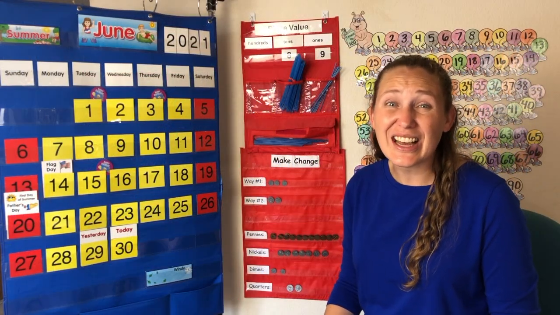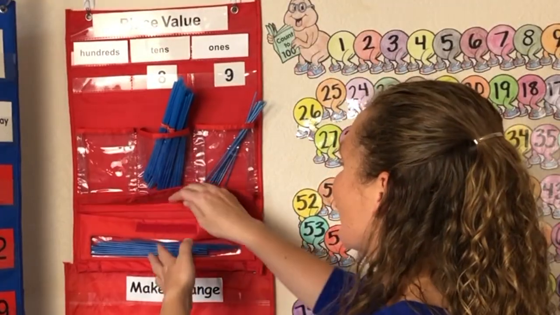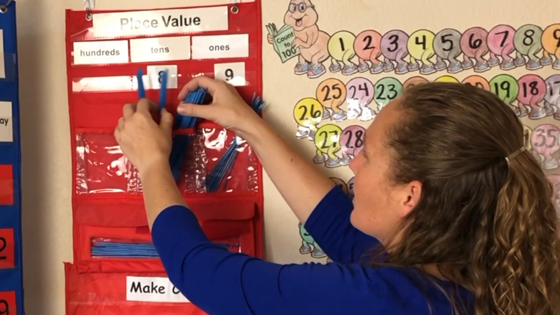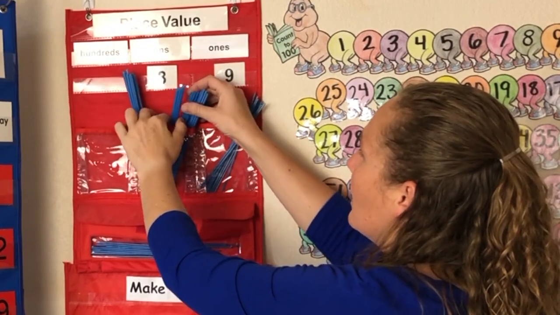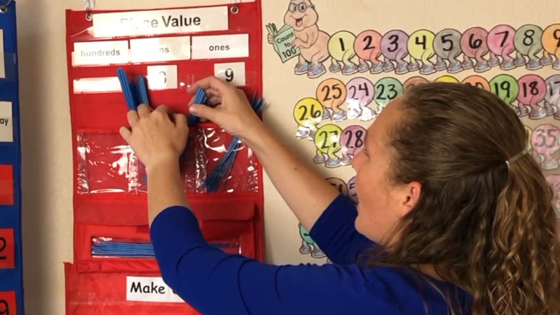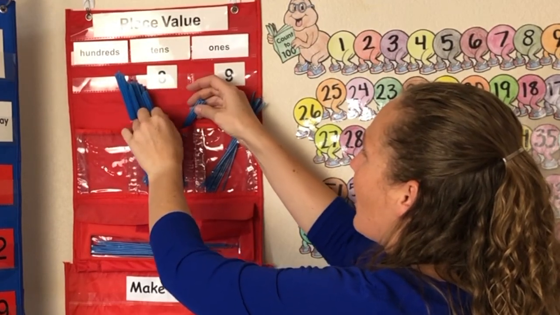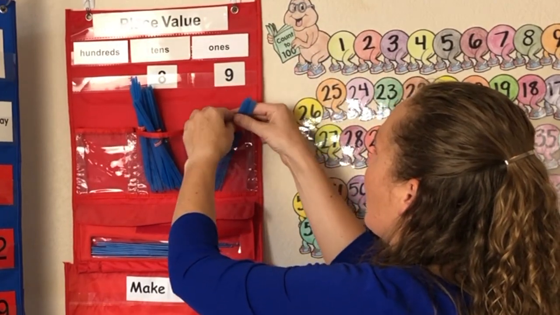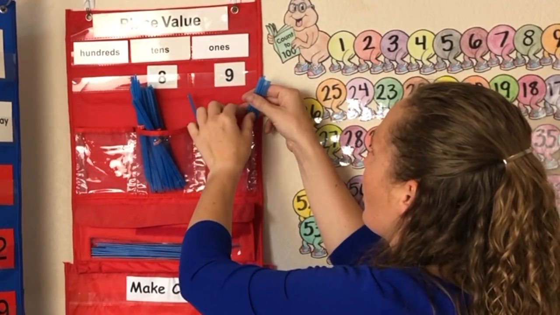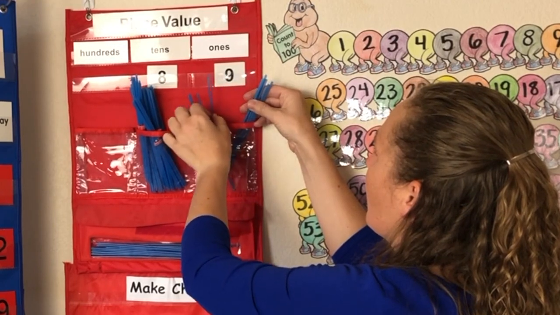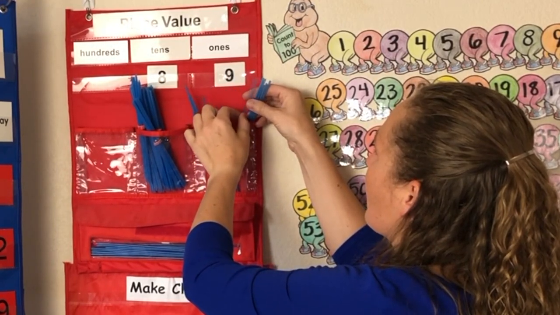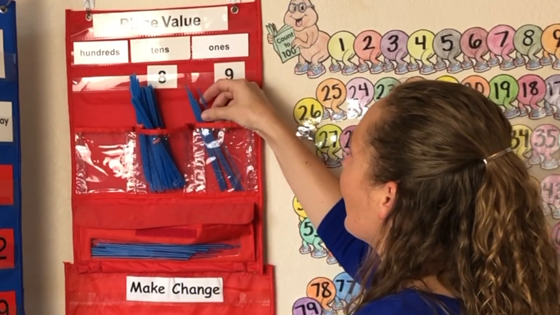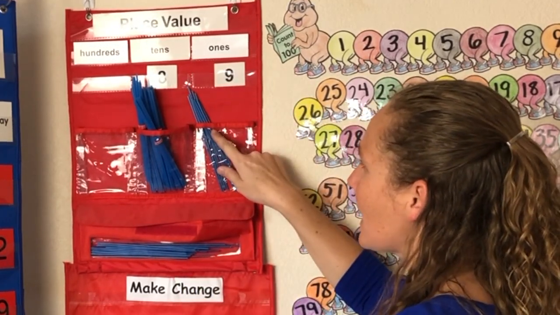Let's add another straw. We have 1, 2, 3, 4, 5, 6, 7, 8 groups of 10 straws, and 1, 2, 3, 4, 5, 6, 7, 8, 9, 10 straws all by themselves.